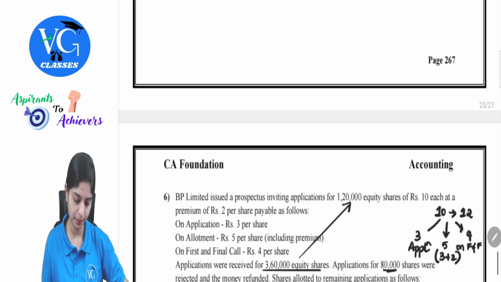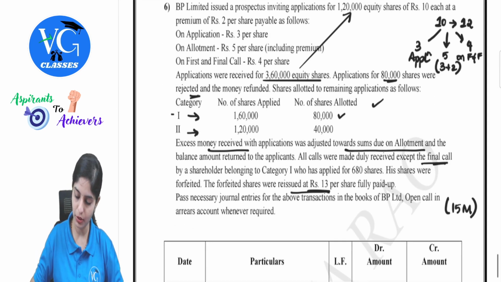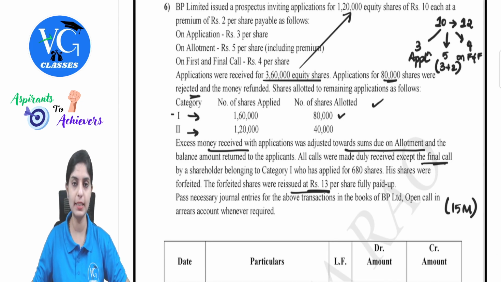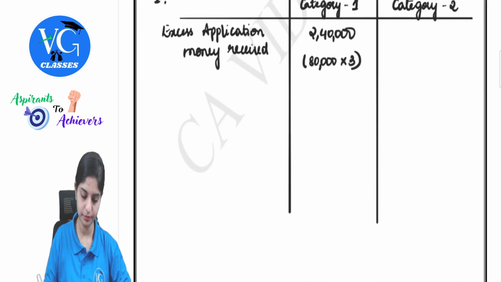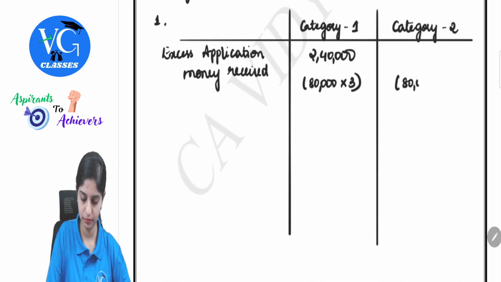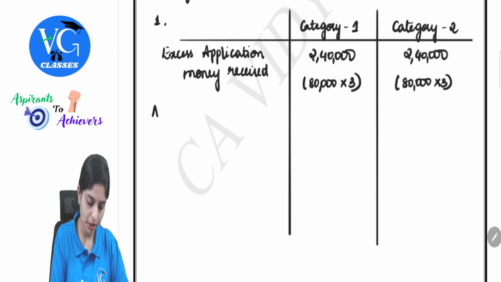Next category. 1,20,000 shares applied. Number of shares allotted is 40,000. So 1,20,000 minus 40,000. Excess application is 80,000 into 3, 2,40,000. Next, allotment money due.